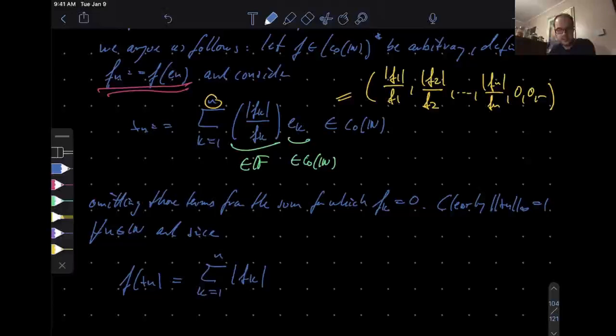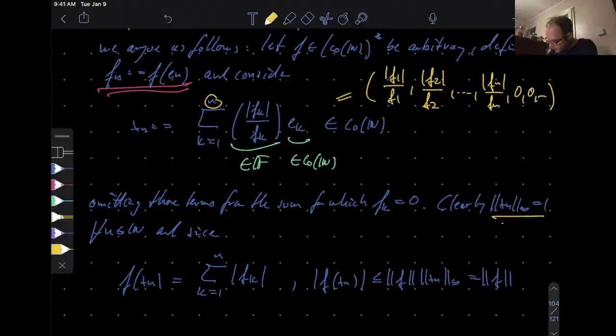Remember, only the non-zero terms contribute. Okay, so you have this, and then moreover we also have this one, which is less than or equal to the operator norm of f times the infinity norm of x_n, which is equal to 1. Not the operator norm, just the infinity norm of x_n.